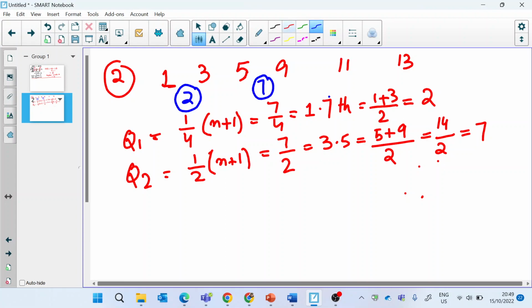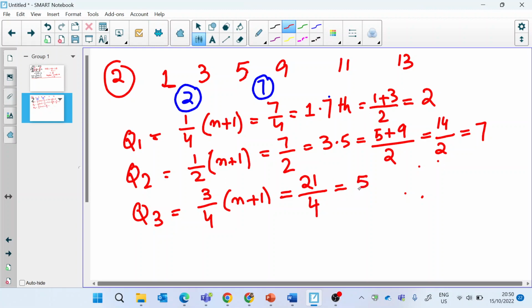And now we find Q3, and the formula for Q3 is 3 by 4 times (n plus 1), and this gives us 21 over 4, which is 5.25, and that means a value between the 5th and 6th. The fifth value is 11, and the sixth value is 13.